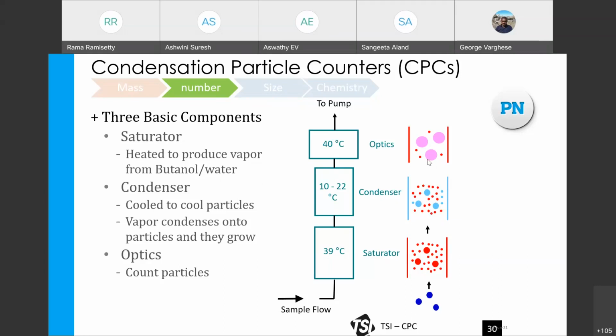Whenever the particle size is more than 300 nanometers, it can easily be detected by the optics. At the end it is detected by the optics, but the basic principle here is condensation, which is why we call it condensation particle counting. So if you are looking at counting particles below 300 nanometers, you have to go for the condensation particle counting method.